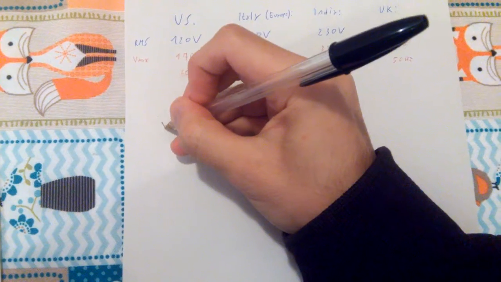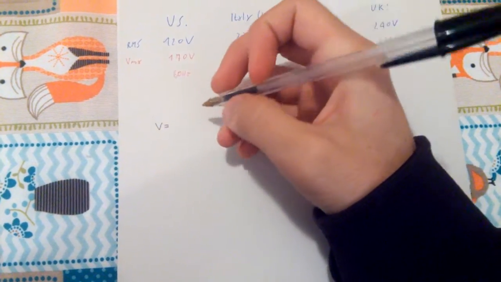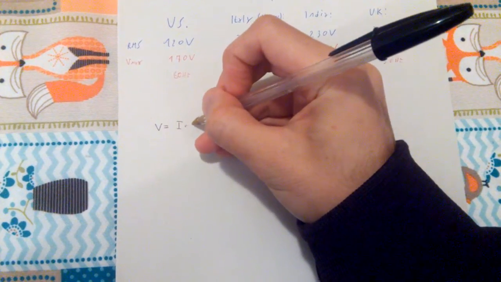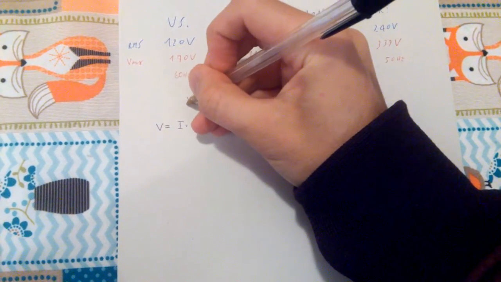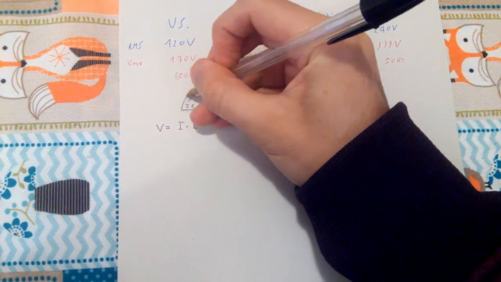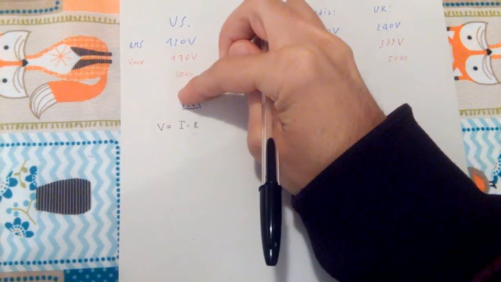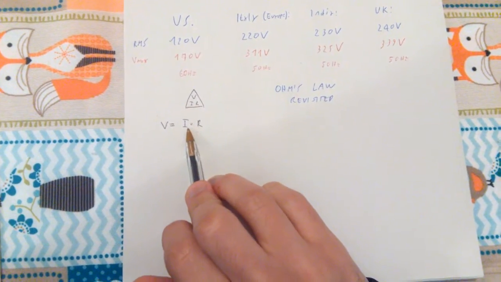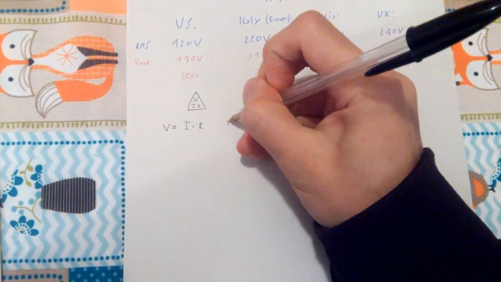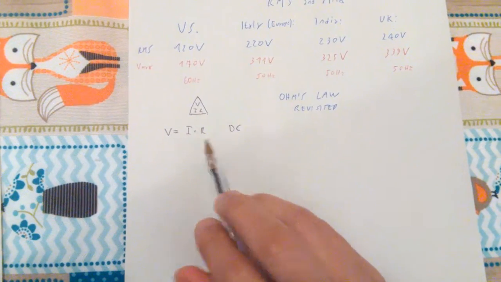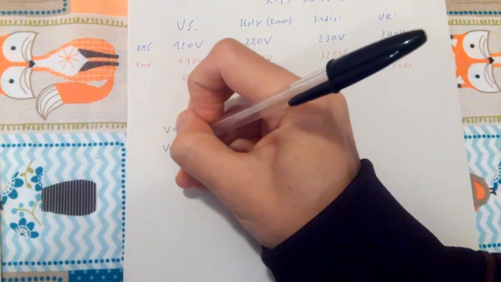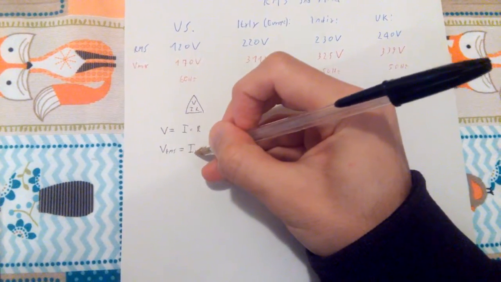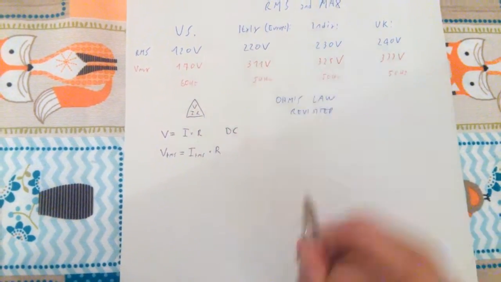For DC, we said the first Ohm's law is V equals I times R. Remember the triangle V, I, R: if I cover the V, it's I times R. This was perfectly fine in DC, but in AC we're going to have that VRMS is equal to IRMS times R.